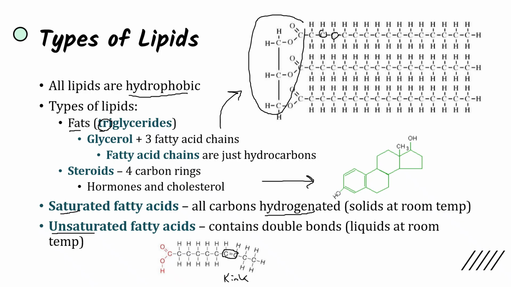And so the saturated fatty acids are solids at room temperature because they are able to maintain a rigid structure. However, unsaturated fatty acids are liquids at room temperature because of the kinks that prevent a solid and rigid structure between the hydrocarbon chains.